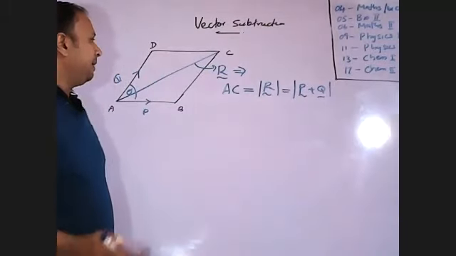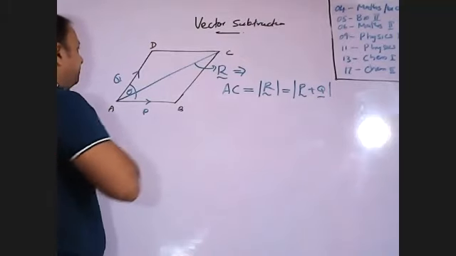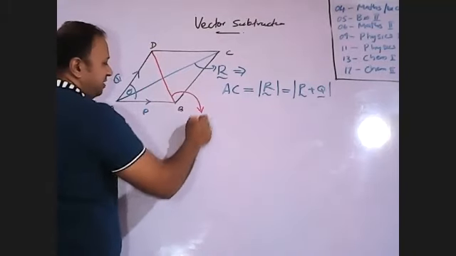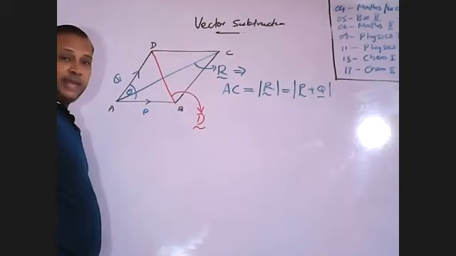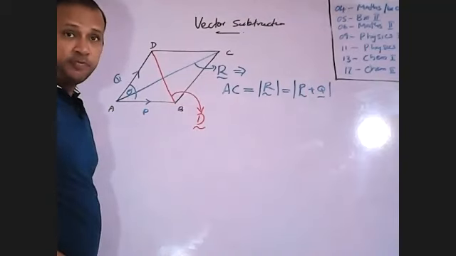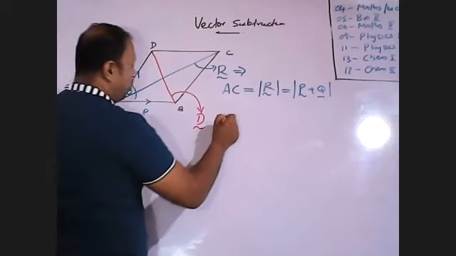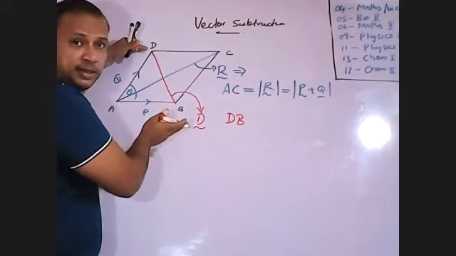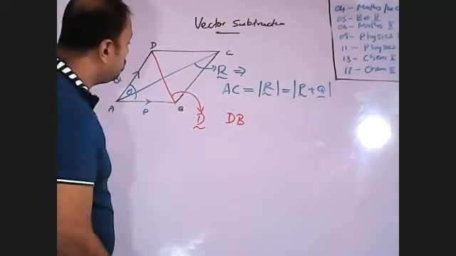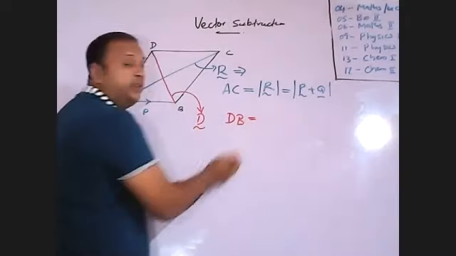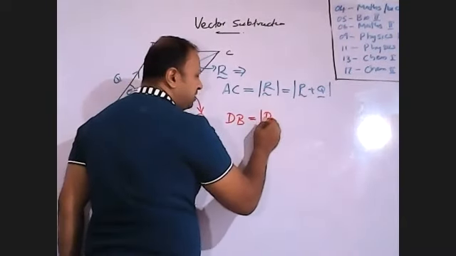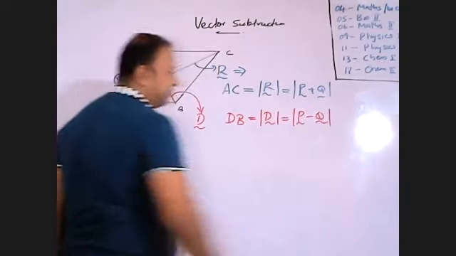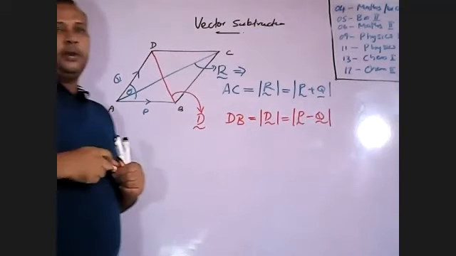Then the other diagonal gives the difference vector, that means P minus Q. Therefore, DB length is equal to the modulus of the difference vector, that means modulus of P vector minus Q vector.